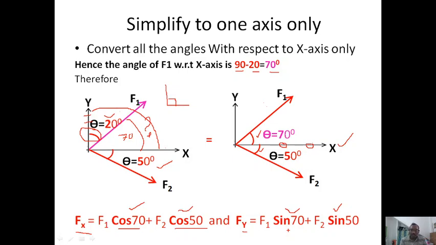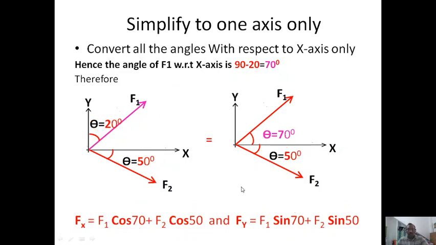But in this method, you will not get any problematic or unsolved solutions. There is no confusion in this system if you change all the angles with respect to one axis. So it is as simple as that.